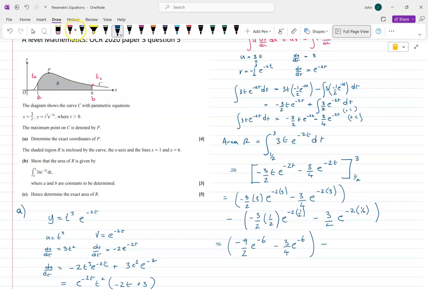Take away this bit here, which is bracket minus 3/4 e to the minus 1, because 2 times minus half, and this is also minus 3/4 here.